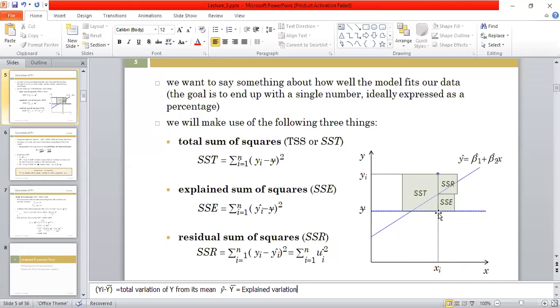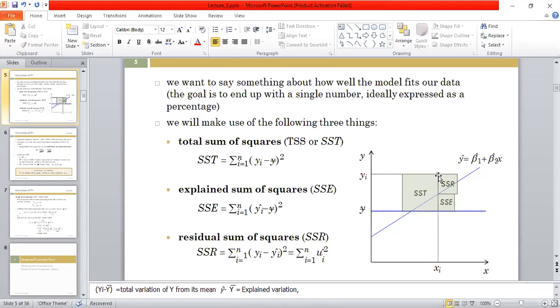Why is y deviating from y bar? Because x is increasing. As x increases, y also increases. So the variation of y is coming from the change in x. However, our estimated line can capture only y hat minus y bar. That's why it is called the explained variation, the variation of y that can be explained by our estimated line.